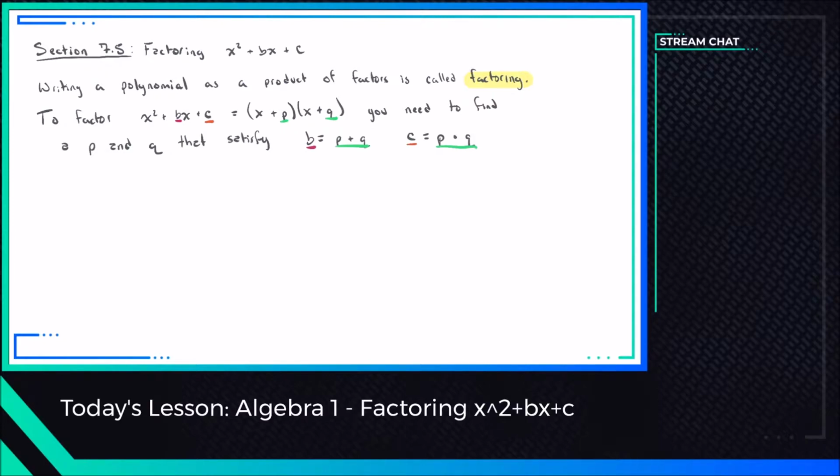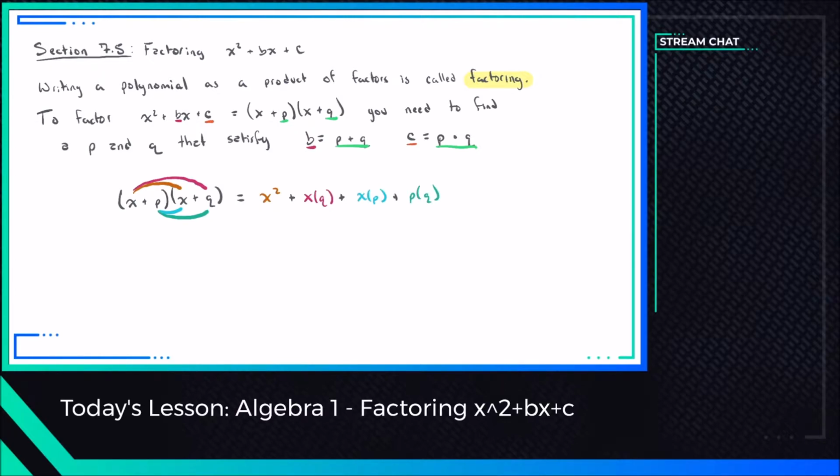So if we were to take x plus p, multiply that by x plus q, that is going to be equal to, if we use FOIL, our first terms, x multiplied by x, or x squared, plus our outside terms, x multiplied by q, plus our inside terms, p multiplied by x, plus our last terms, p multiplied by q.